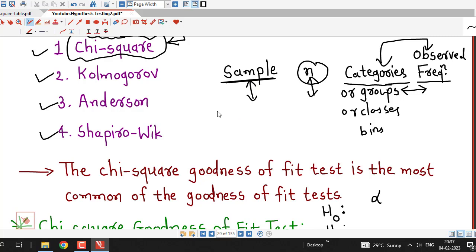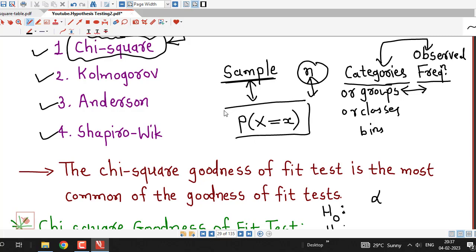Then we know the formula for the probability mass function of binomial distribution, and using that formula we will find the probabilities corresponding to each value of that binomial random variable.